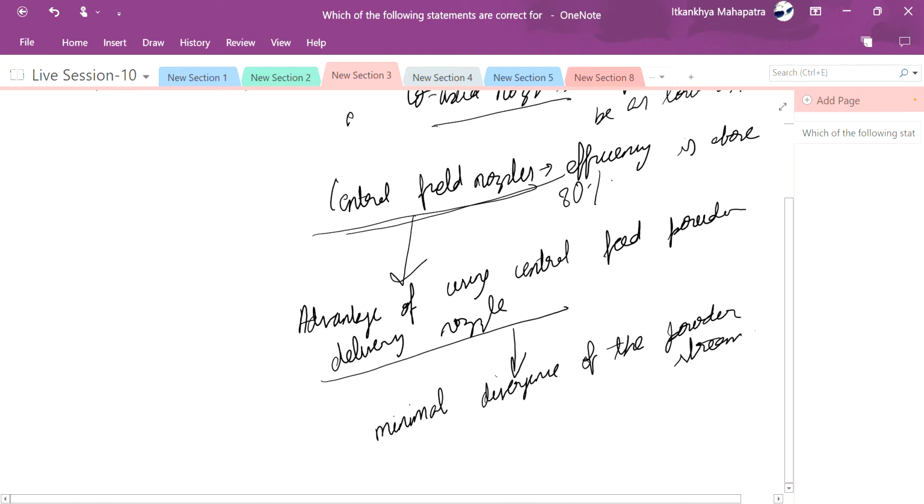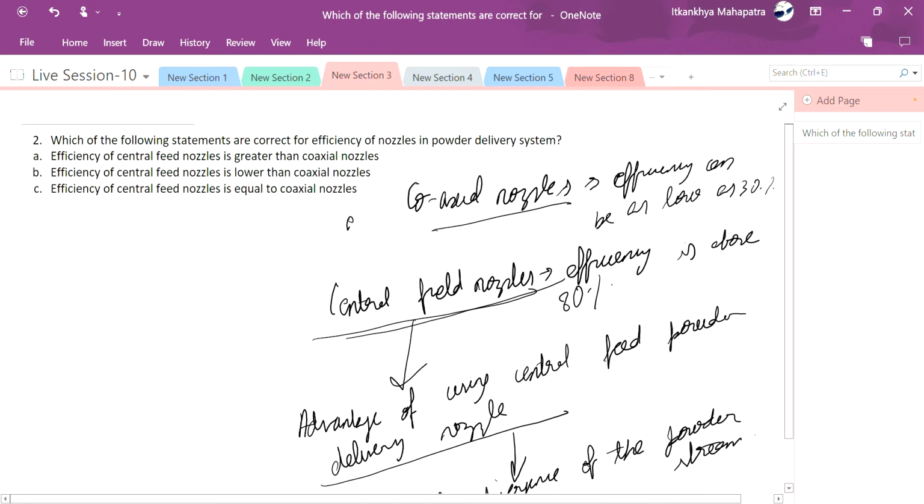Now, the central feed nozzles in the delivery system, when combined with the Gaussian heat intensity, which we will again discuss, results in insufficient heating at the edge of the melt pool and excessive heating at the center.